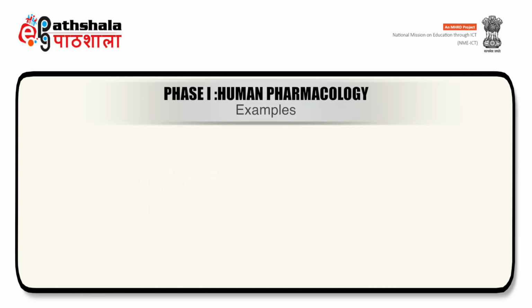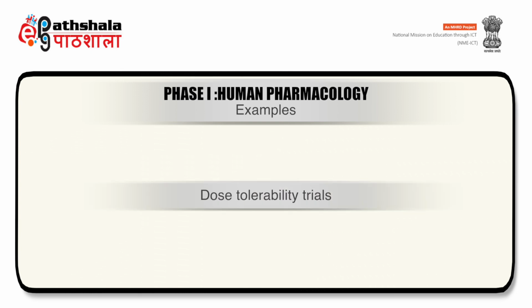Examples of phase 1 trials are: first, dose tolerability trials; second, single and multiple dose pharmacokinetic or pharmacodynamic trials, trials in some special group of patients, and drug-drug interaction.